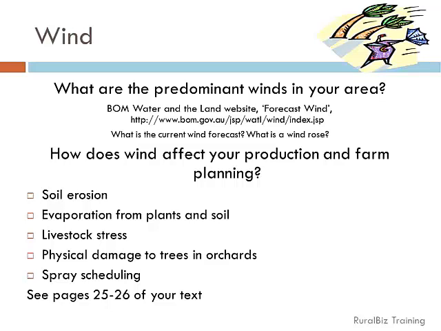So what are the predominant winds in your area? Again, there's some web links there to have a look at. How does wind affect your production and your farm planning?